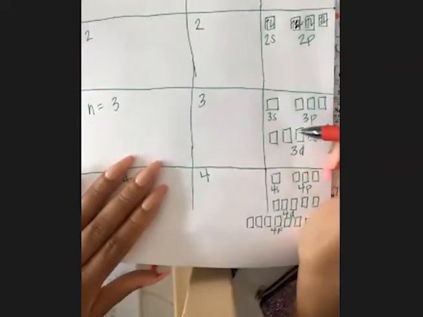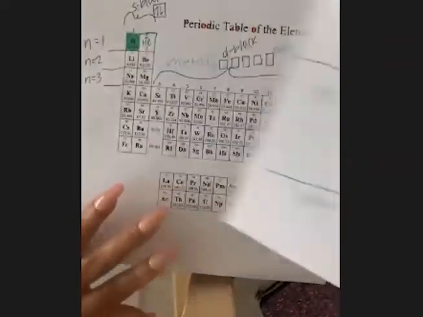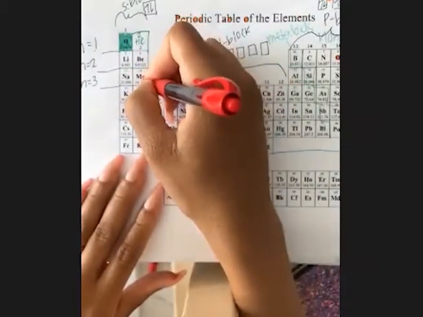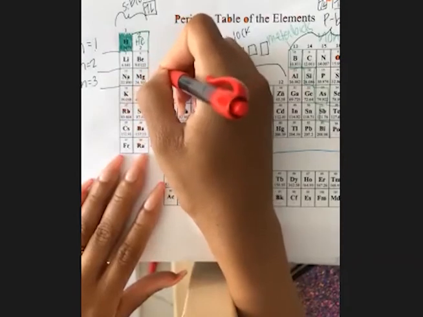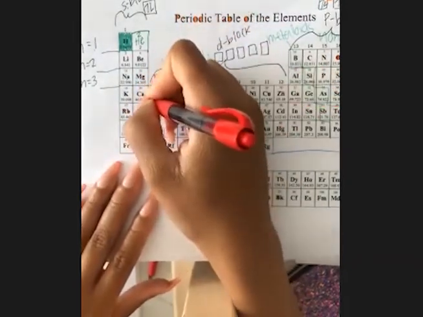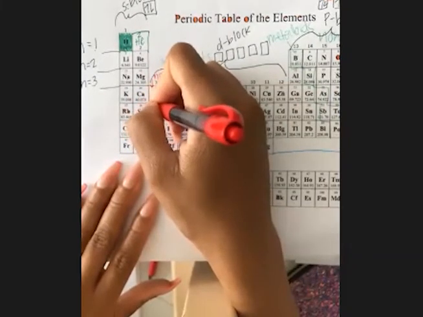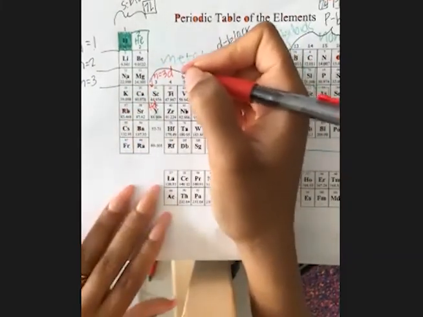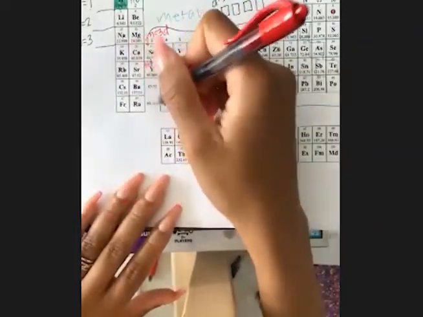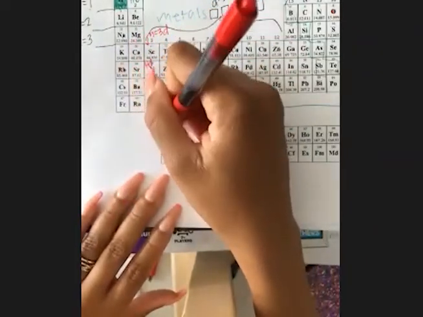The D block didn't start until n equals 3. So we say here, this is still n equals 3 for the D. So this is 3D. Yttrium starts 4D. And then this is 5D.